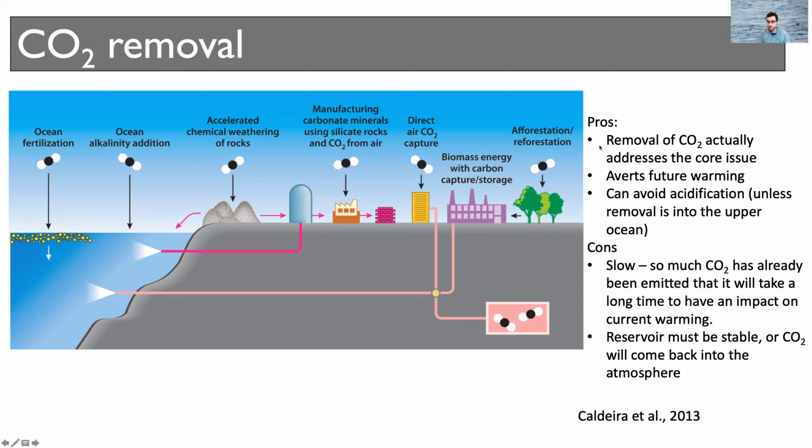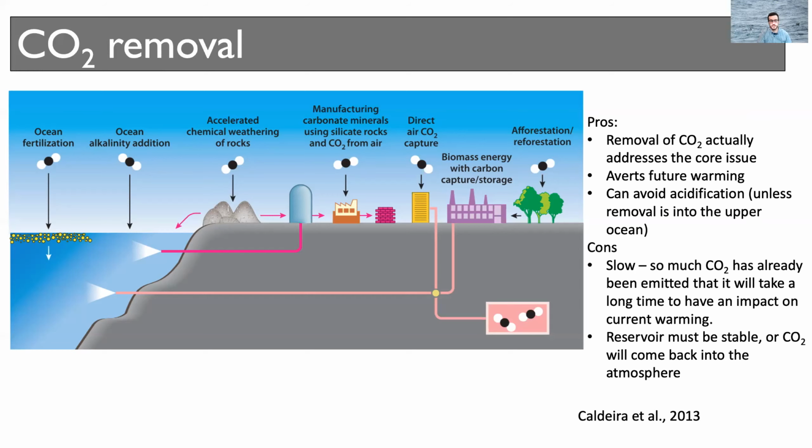Pros of CO2 removal. So if you actually are taking CO2 out of the atmosphere or out of the point sources, you are addressing the problem of increased greenhouse gases. So this does avert future warming, and it avoids acidification, unless you're putting the CO2 into the upper ocean, then you're actually probably making acidification worse.